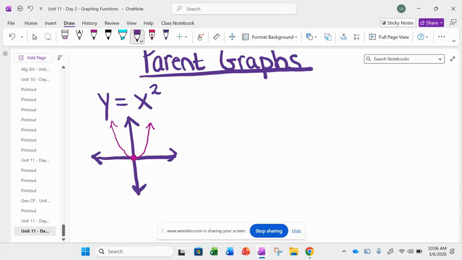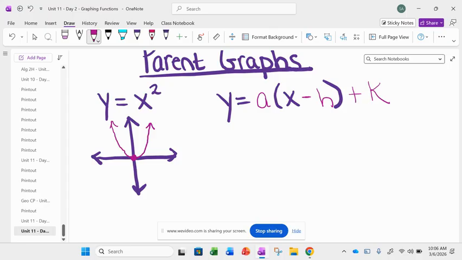So now the shifting is going to be based on y equals a, open up our parentheses, x minus h, close your parentheses, plus k.